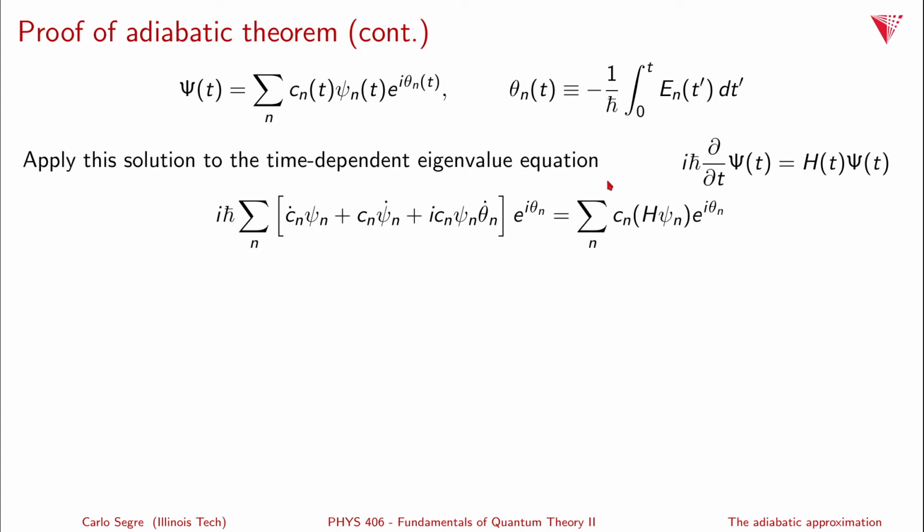And that, on the right side, is equal to H of t applied to psi of t. And psi of t being this, we can apply H on the outside and pull it in. H does not act on the coefficients. It acts on the eigenfunctions. And so you get the sum over n, c sub n, H applied to psi sub n, e to the i theta sub n.